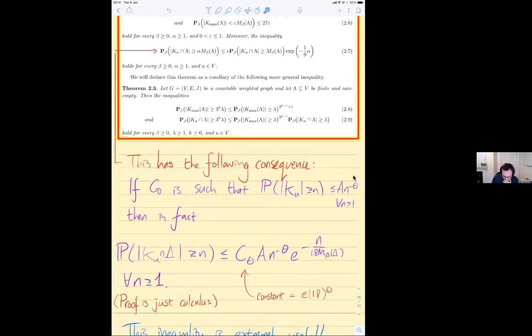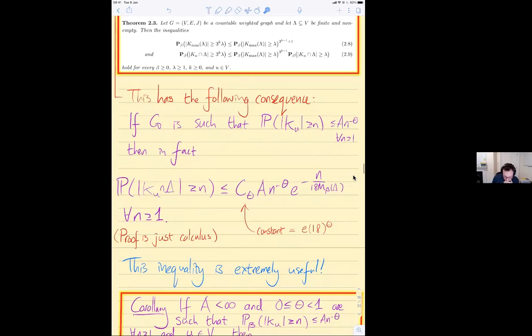So before telling you about the proof of this, let's see why it's relevant to what I was telling you before. So first of all, let's suppose that we have our weighted graph, whatever, and that we know that the probability that a cluster has large size is bounded by this power law. Okay.